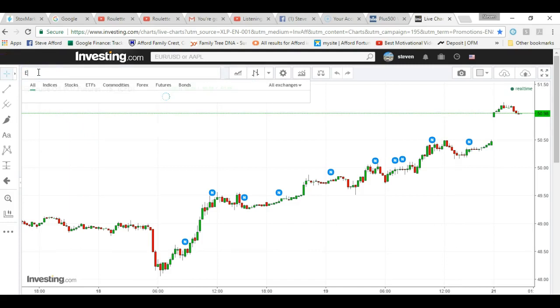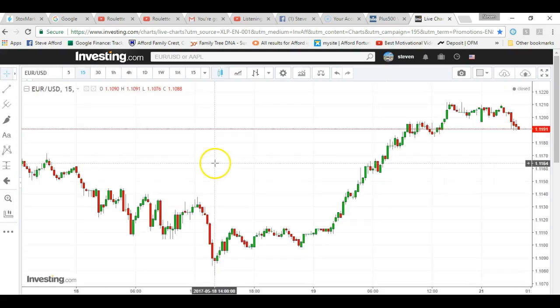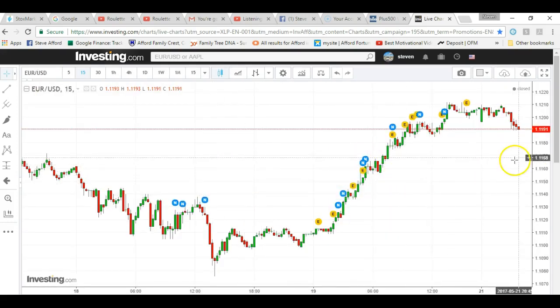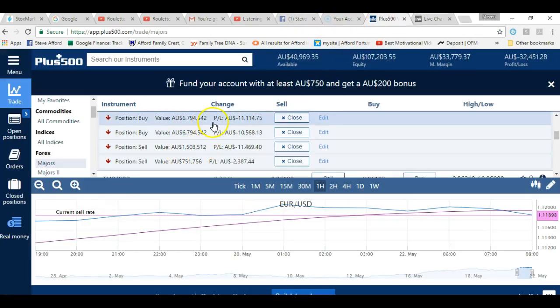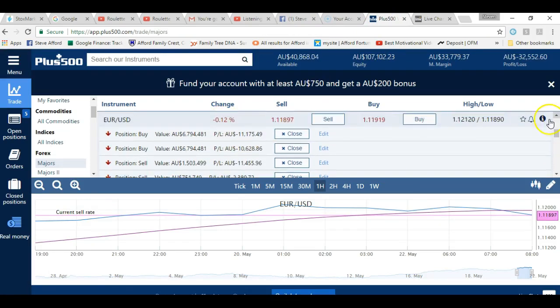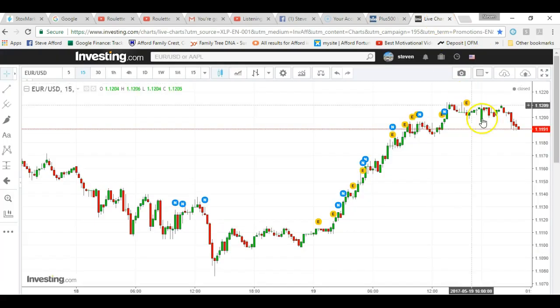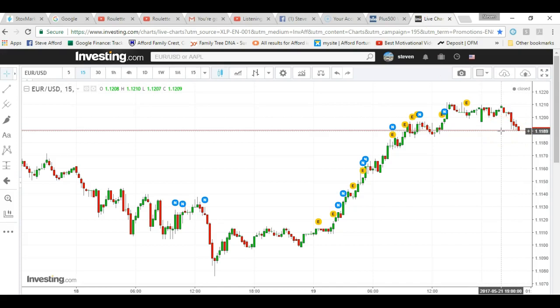Euro USD, and as we see, as I was trimming, where was that? Some of my sell positions with Euro USD. Hold on, there we go. Euro USD. I hadn't really checked, but I just needed to show you. I should have checked it first. But anyway, this gives you a classic indication.